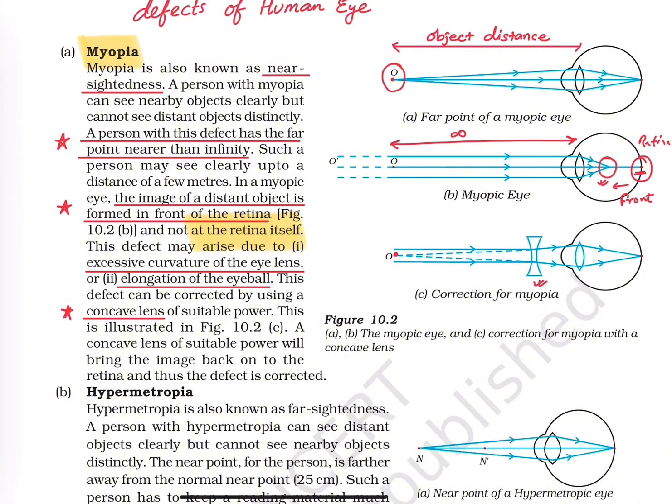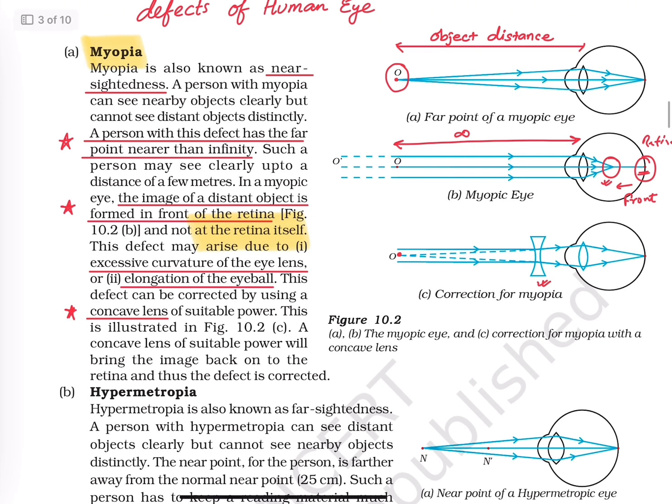When the object is placed at infinity, in that case, the image will be produced at the point O. So, when u equals infinity, in that case, the image has to be produced at the far point of the myopic eye.